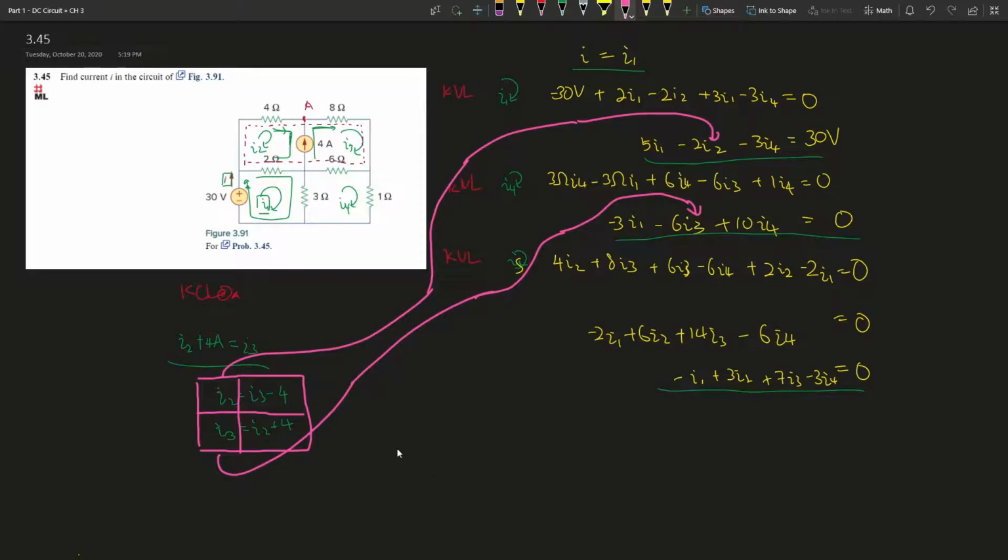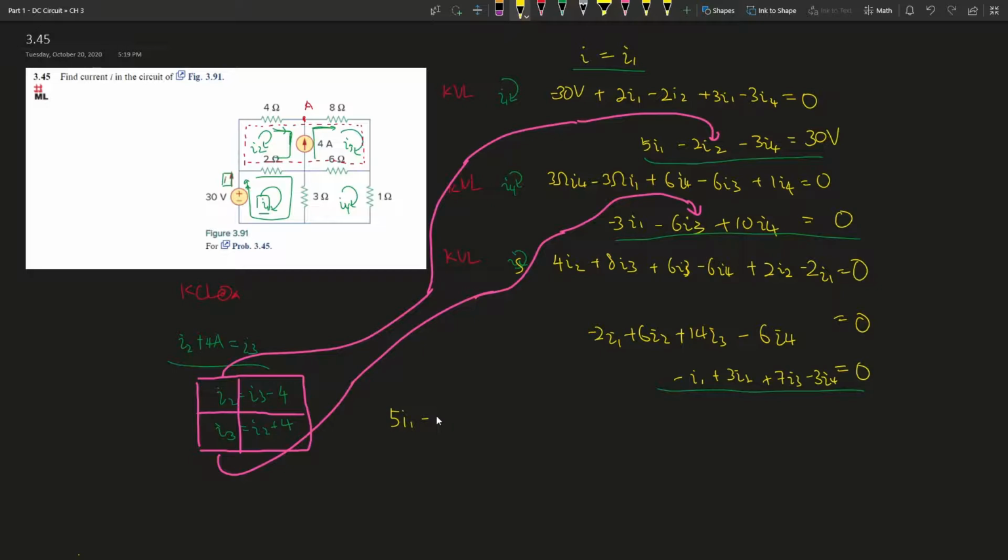Fantastic. Okay, so let's simplify. 5I1 minus 2 times I3 minus 4. Shoot, that's not a good idea. We're just going to do this for now. Equals I3s.